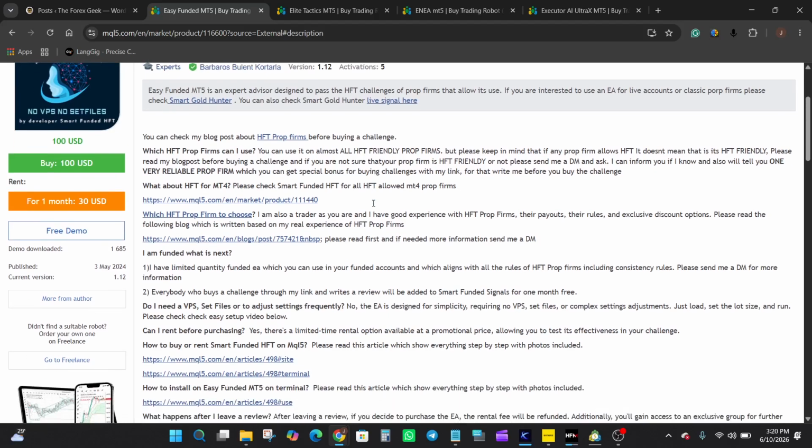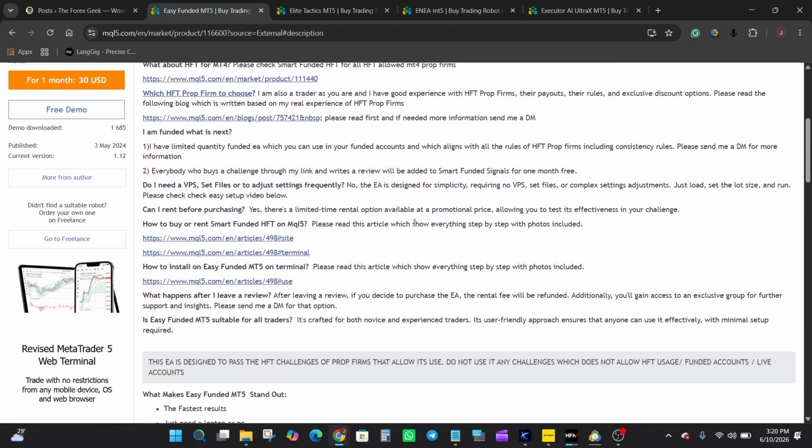Now, one thing that stands out is the focus on simplicity. According to the developer, there is no requirement for VPS hosting, set files, or frequent parameter adjustments. The setup process is presented as straightforward, where the user simply loads the EA, sets the desired lot size, and allows it to operate.